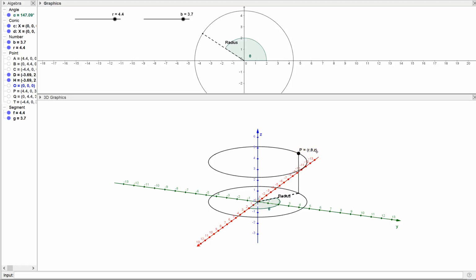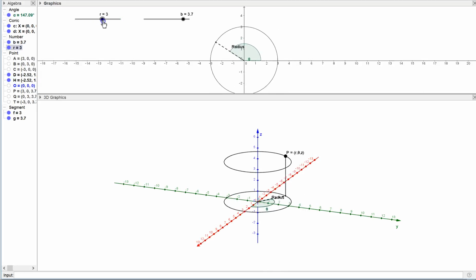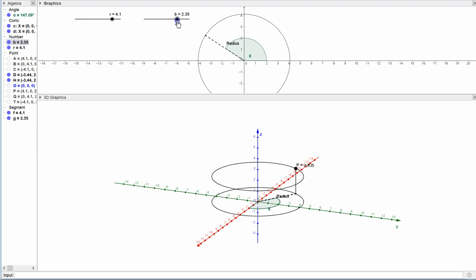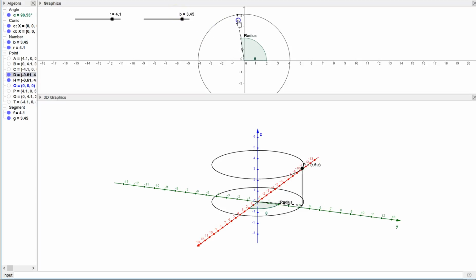As I change the radius, that affects the point. As I change z, that affects the point. And as I change the angle, that affects the point. But as you can see, we have a cylinder.